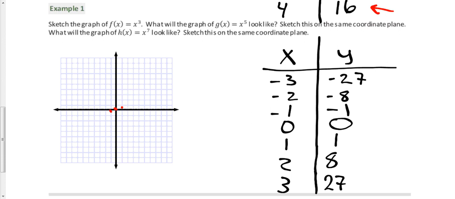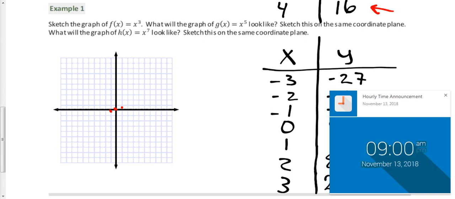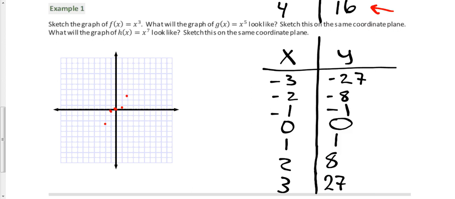Alright, now for 2 and negative 2, I go down to 8. So 3, 6, 7, 8 right there, and 3, 6, 7, 8 right there. And then for 3, I go up to 27 and down to 27. So negative 3 goes all the way down to 27.